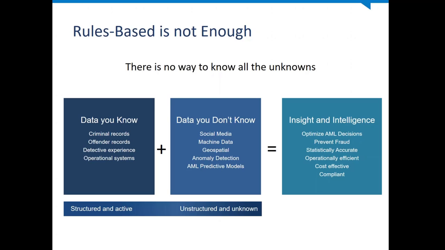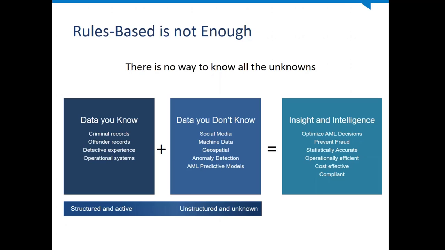One of the greatest things to our advantage is leveraging machine learning, which lets us go beyond the data that you do know, the data that you're comfortable with, right? The structured data we were really talking about when leveraging the prior data sources, as well as the data you don't know.